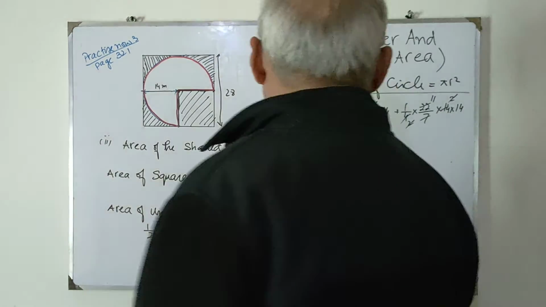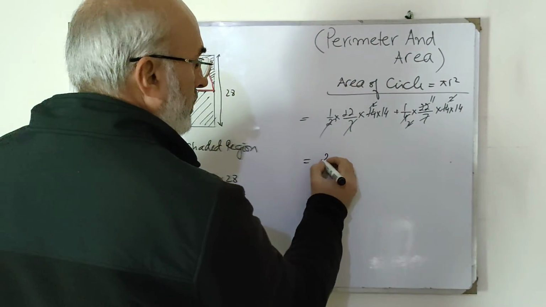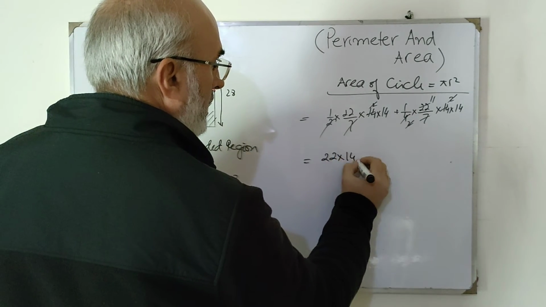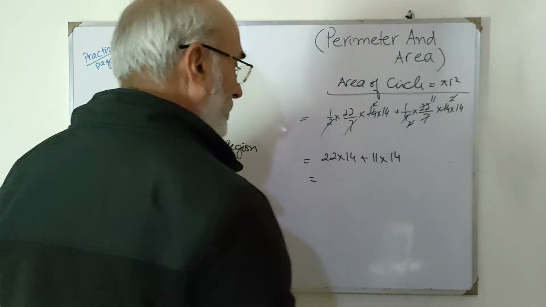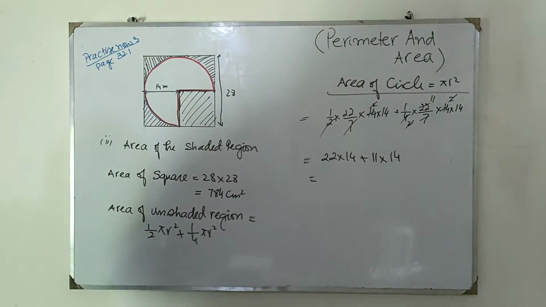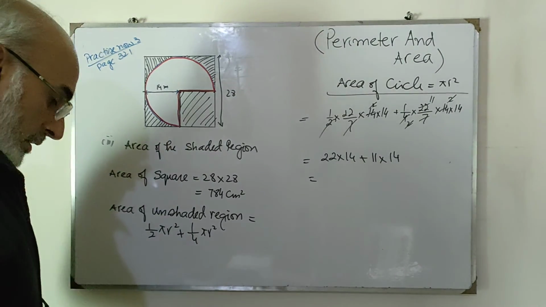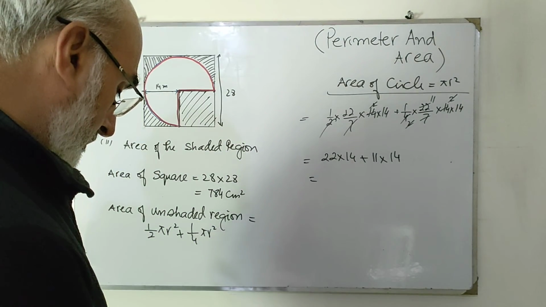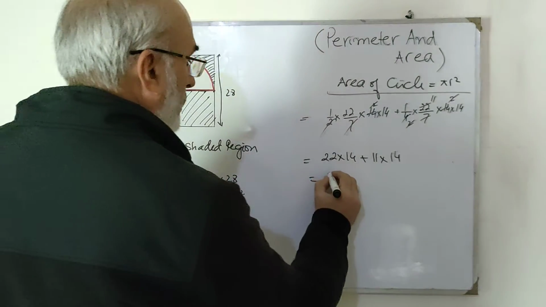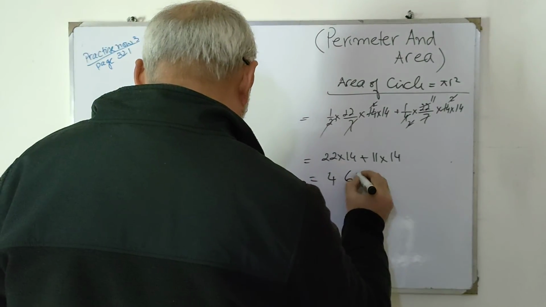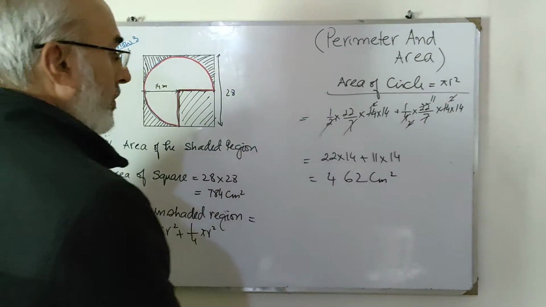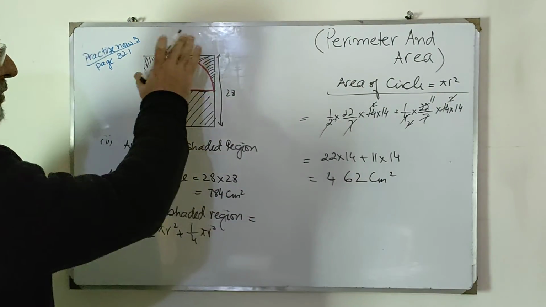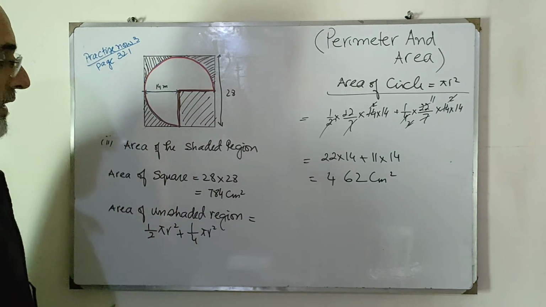So what we have here is 22 into 14 plus 11 into 14. So we have here 462 centimeter square.